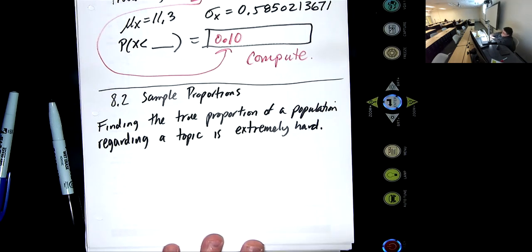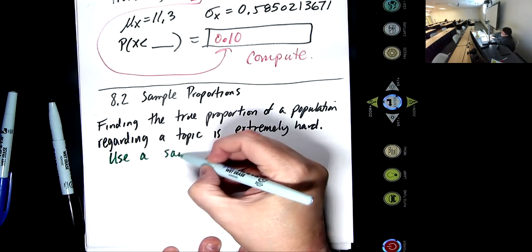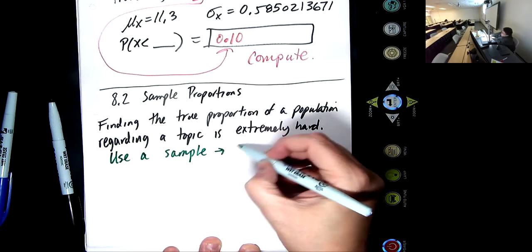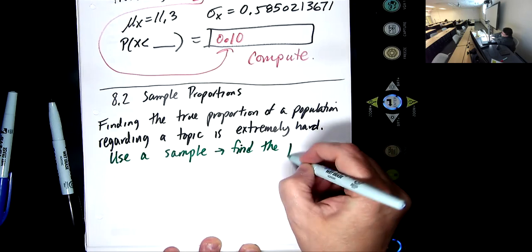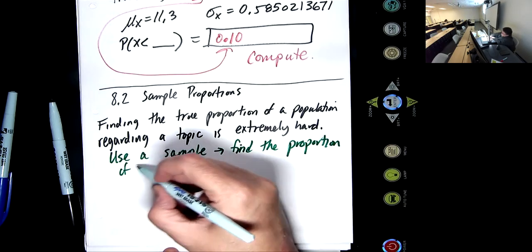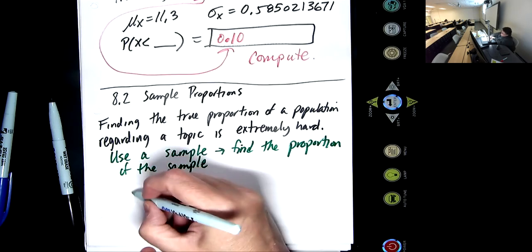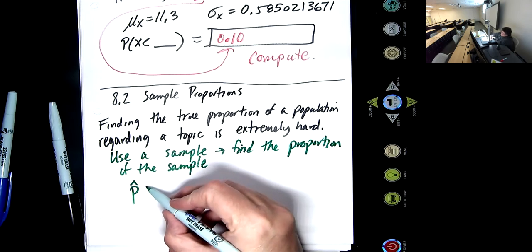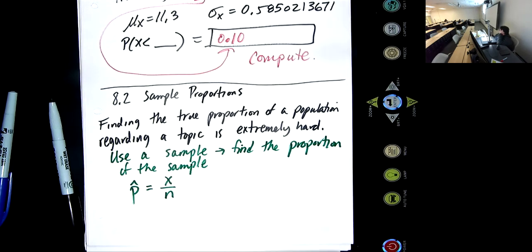So what we do is we use a sample and find the proportion there. We call it p hat. When we did this before, it was x over n. Finding proportions is x over n.